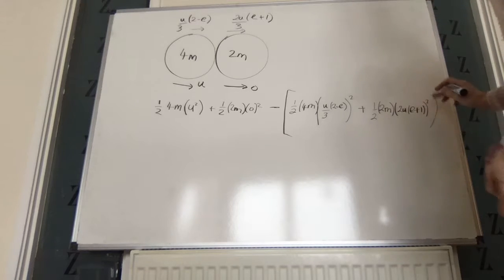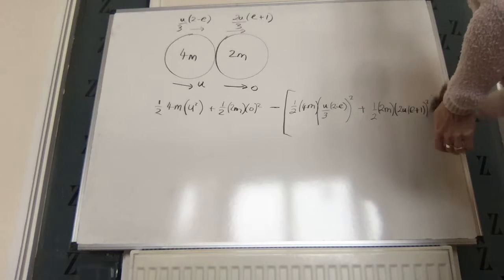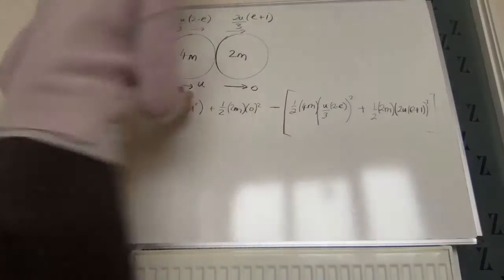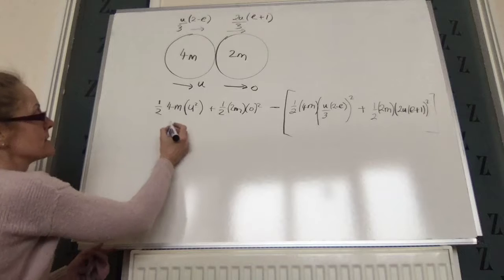This is a very good exercise for your algebra. A half multiplied by 4m is 2m.